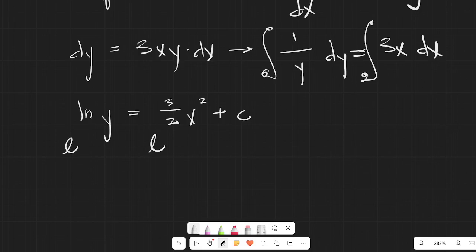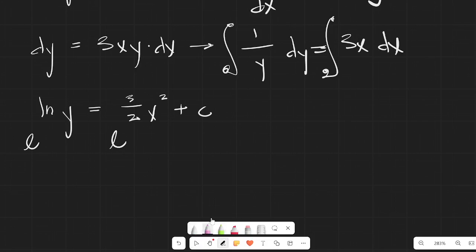Well, we can just take Euler's number as the base of each side of these equations. From algebra, we know that Euler's number cancels out with the natural log, and we're just left with this expression on this side. So recasting this whole equation, we'll get y equals e to the (3/2 x squared plus c). That's all in the power.